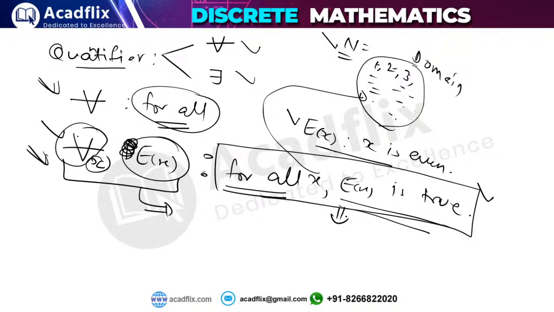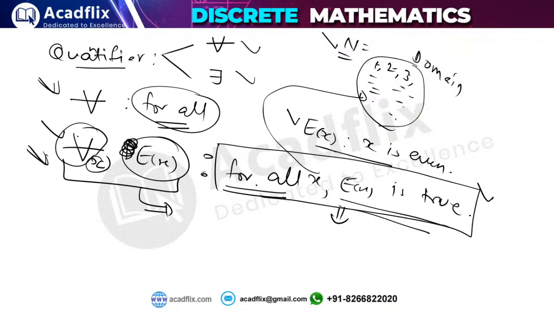If I replace this x with some value from the domain, let's assume 4, then E(4) will become a proposition. So as soon as you replace all the variables of a predicate, you get a proposition.